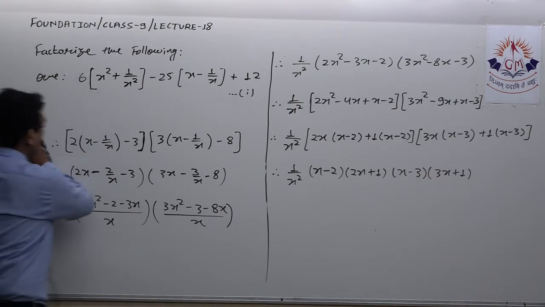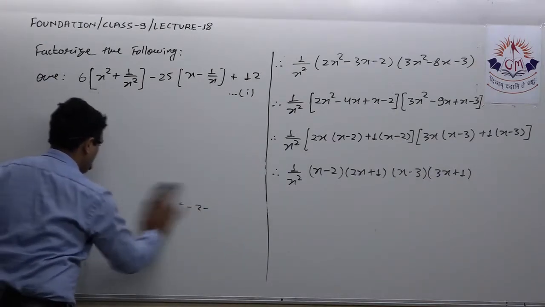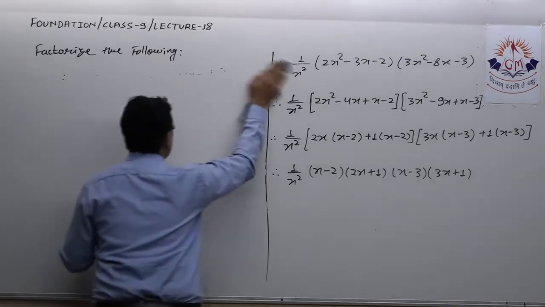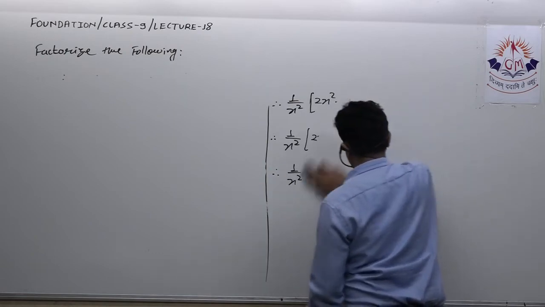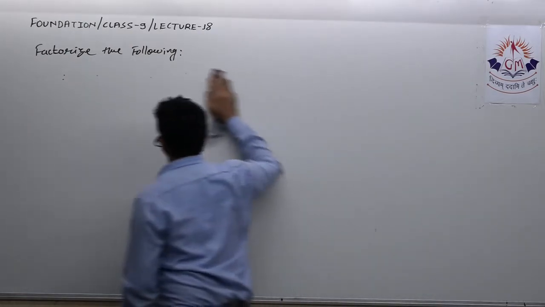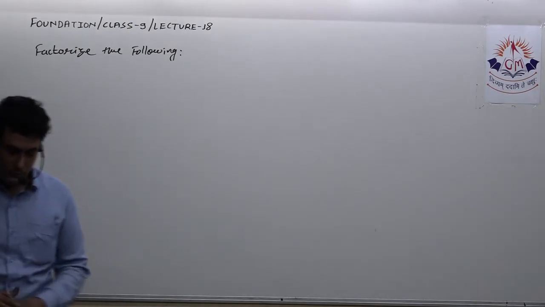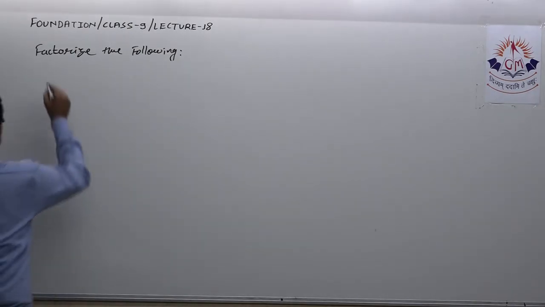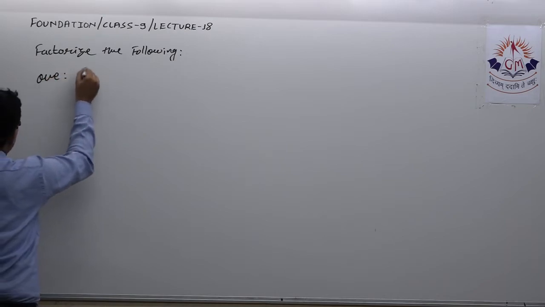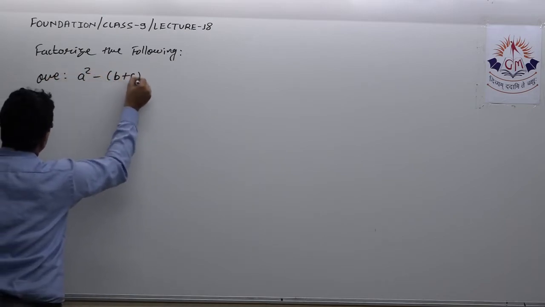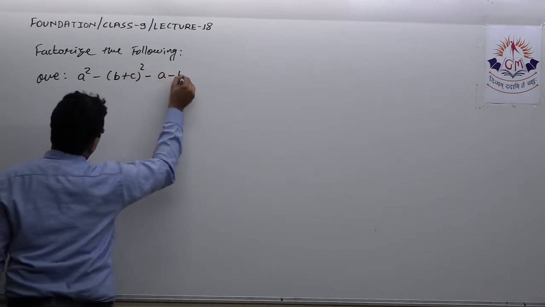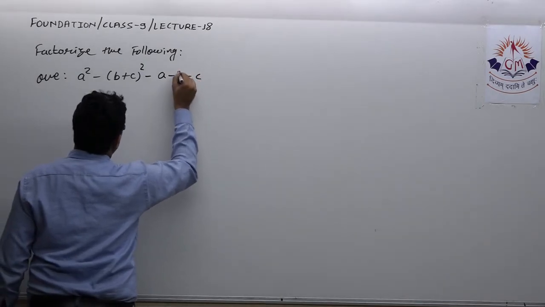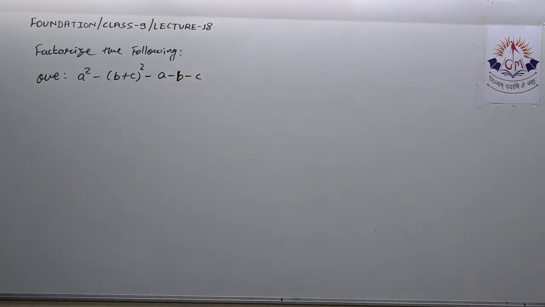Okay, now let us see the next question. Next question is a square minus b plus c whole square minus a minus b minus c.